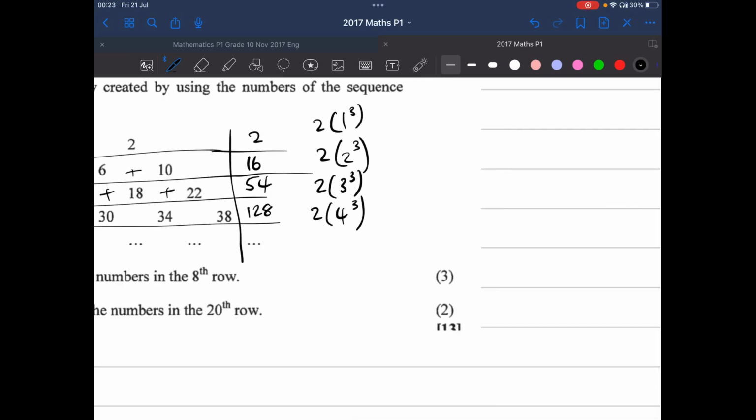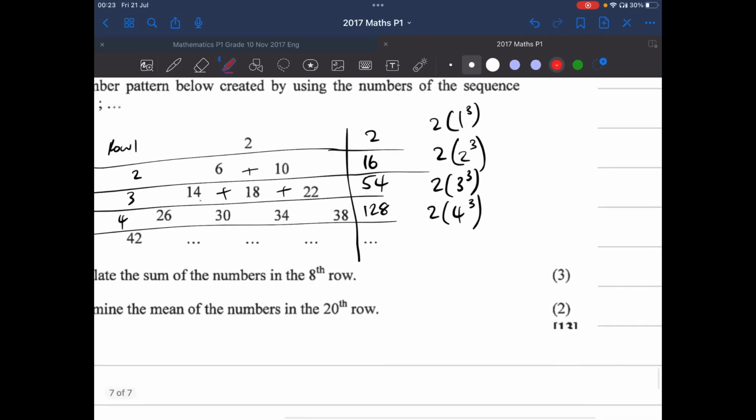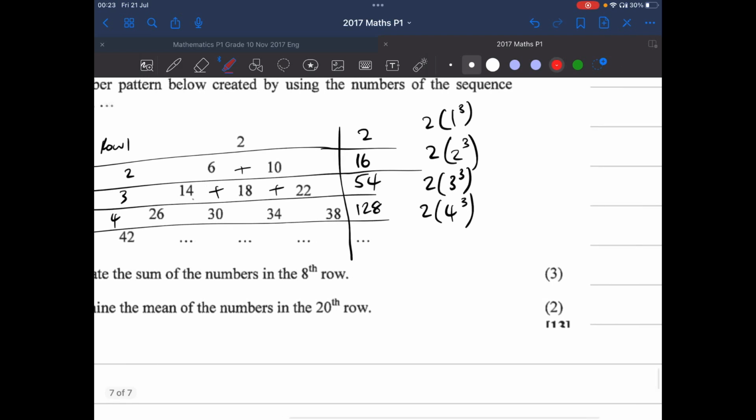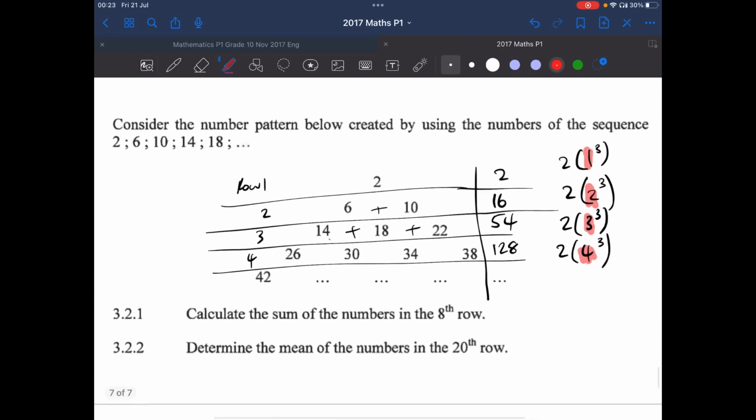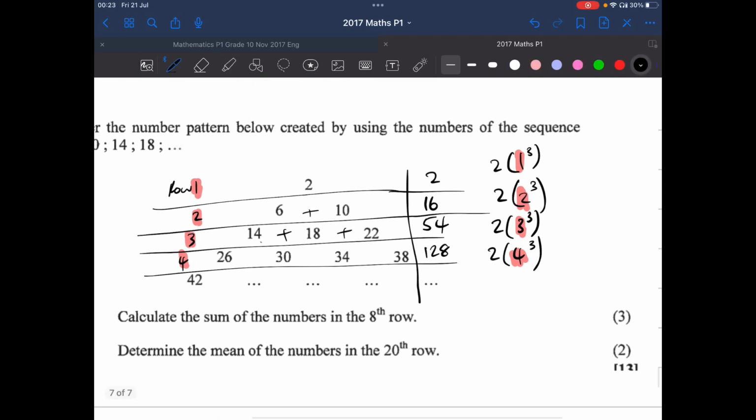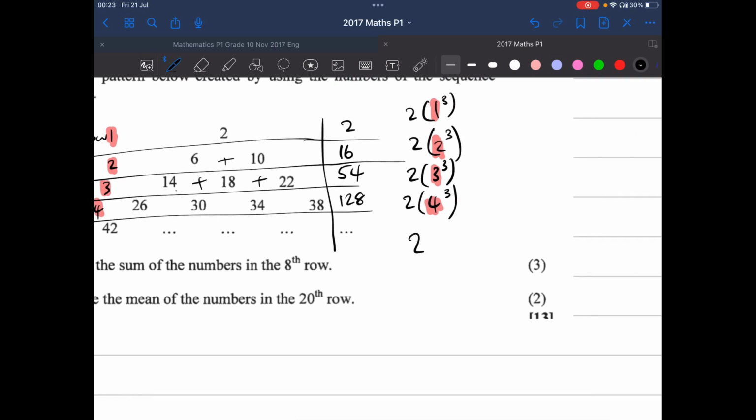Now what do you notice? That these numbers here are the same as the row number. So we essentially got a pattern where we have 2n cubed, where n is the row number.